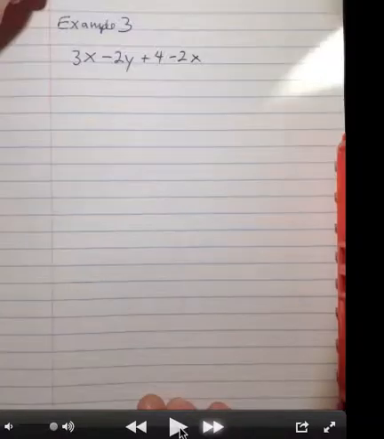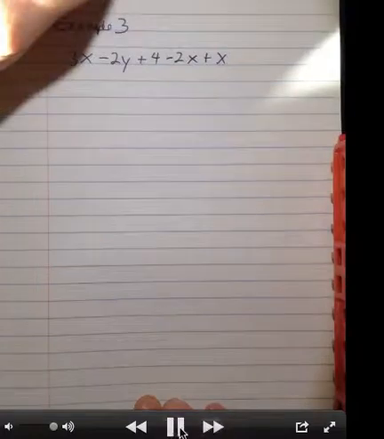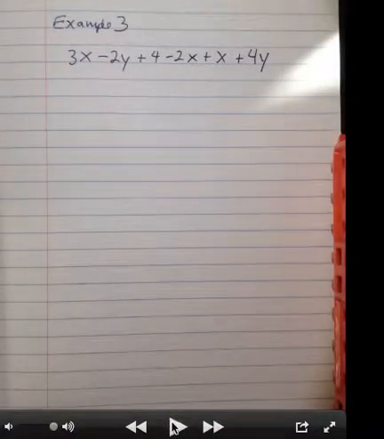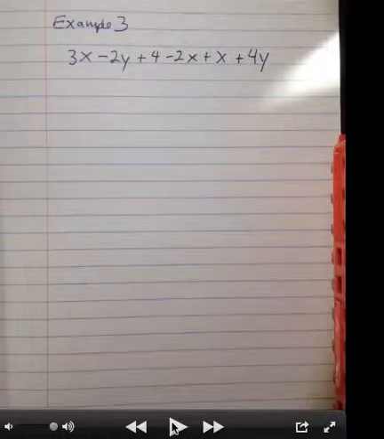Example 3 is 3x minus 2y plus 4 minus 2x plus 4y. It sounds very complicated, and we can simplify it.